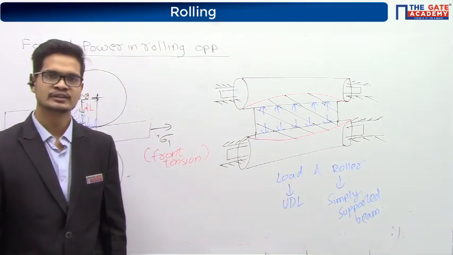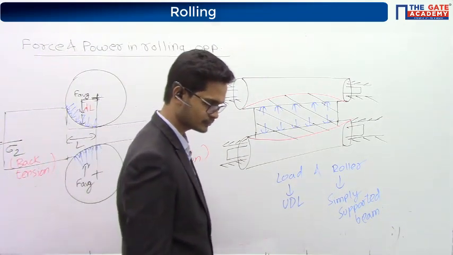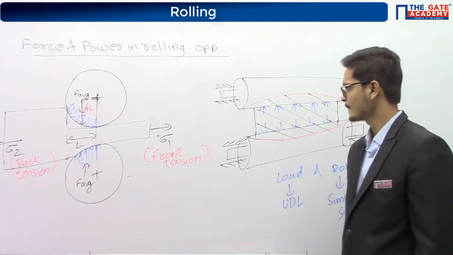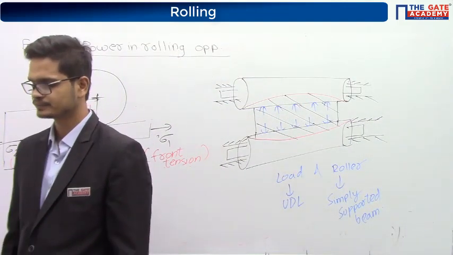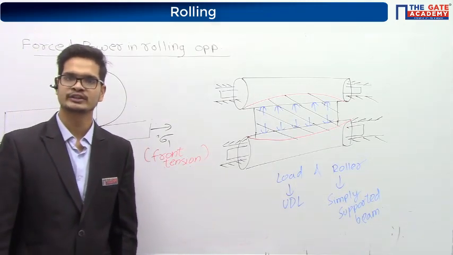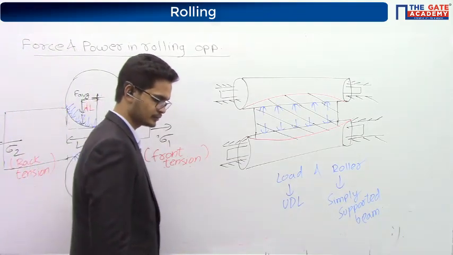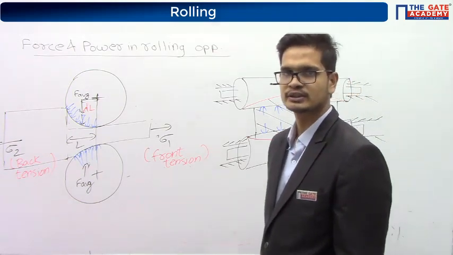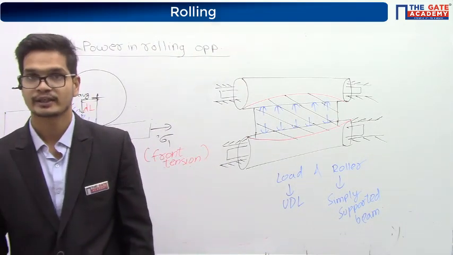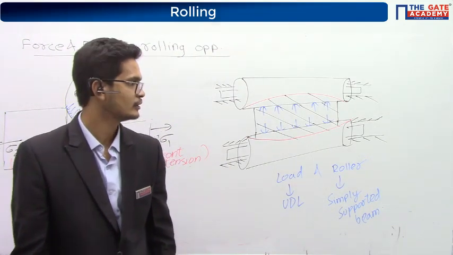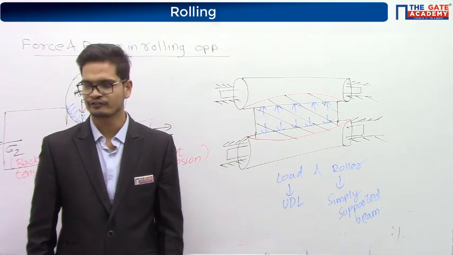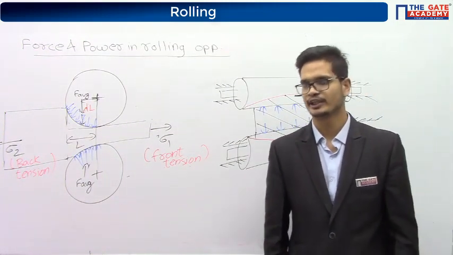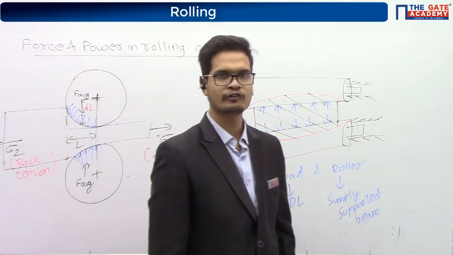This leads to the bending of rollers, and the gap between the rollers gets filled by the material, hence leading to non-uniform thickness of the component.